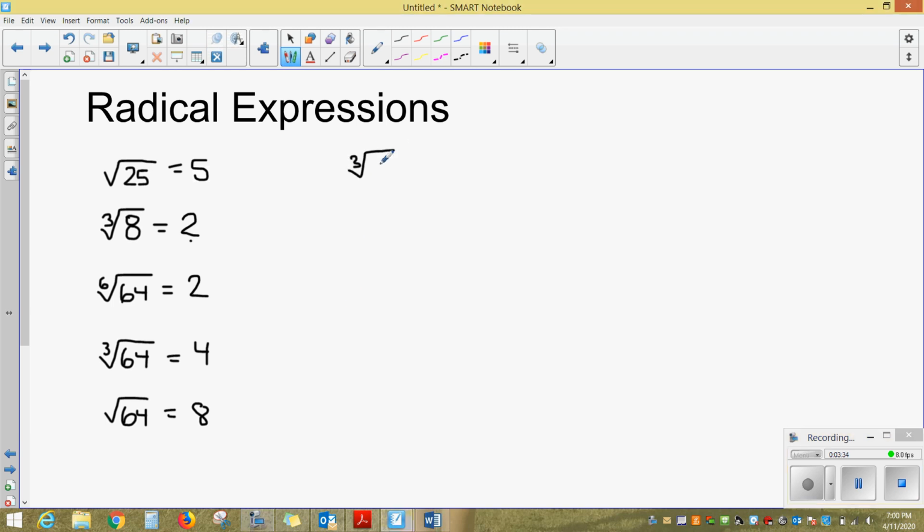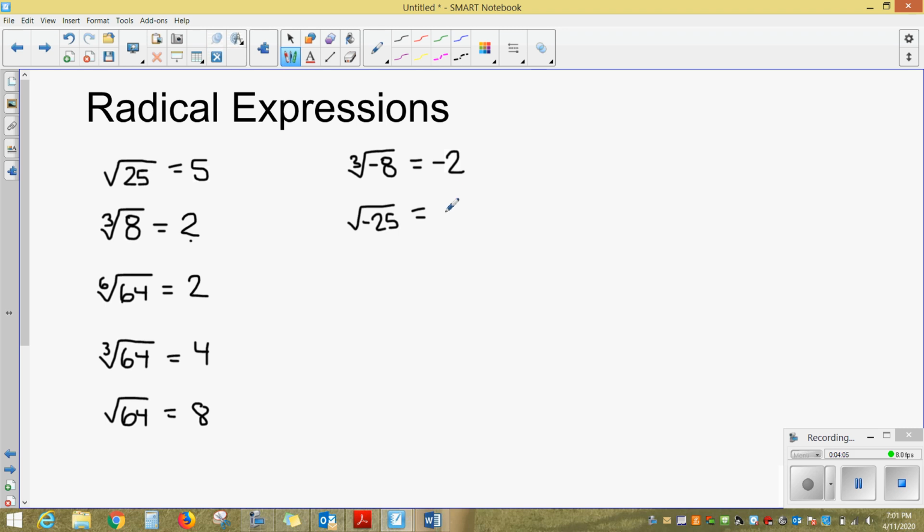Now, if the cube root of -8 is what we're asked to find, then we have to think what times itself 3 times is -8. And since 2 cubed is +8, if I take -2 times itself 3 times, notice I get -8. But maybe I'm asked to find the square root of -25. I know that 5 times 5 is 25.